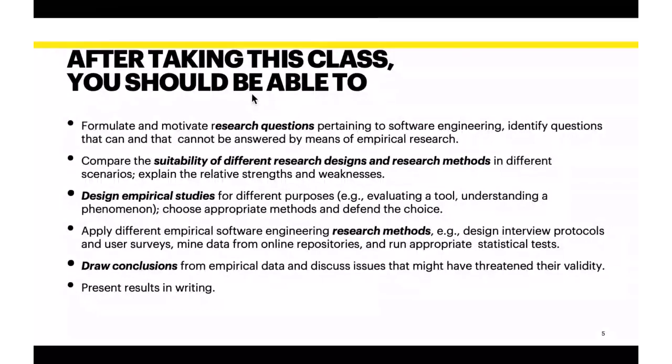So for instance, if you would like to conduct a survey, you should know what kind of questions to ask, what kind of people to target, how to reach those people, what kind of problems can arise if you are not phrasing your questions in an appropriate way, and so on. So you should be able to choose an appropriate method, and you should be able to defend your choice.